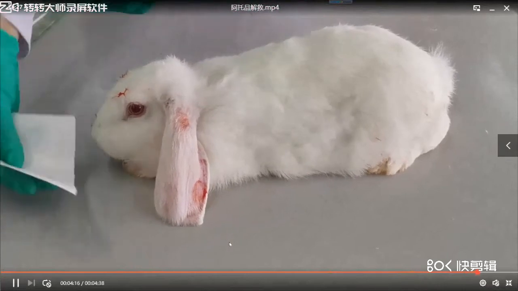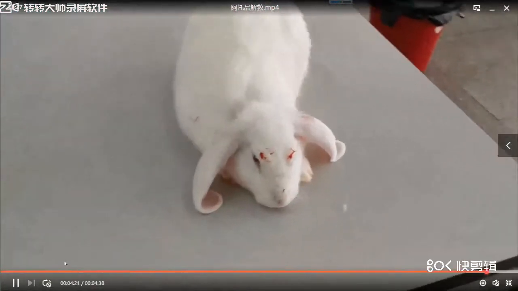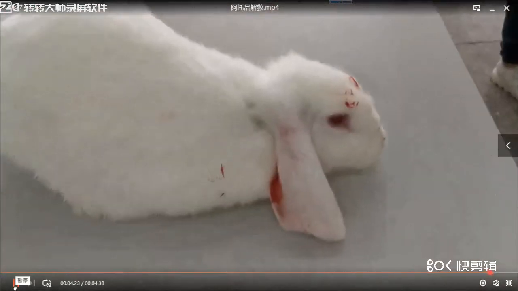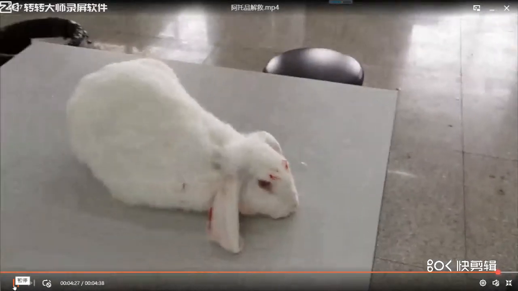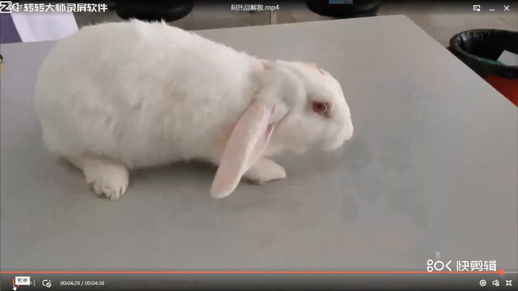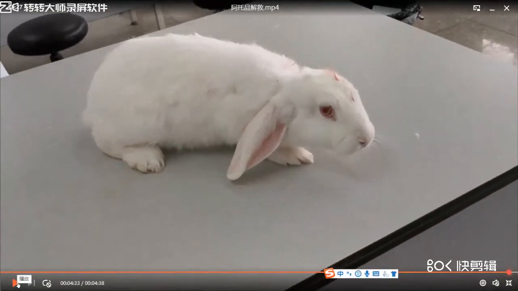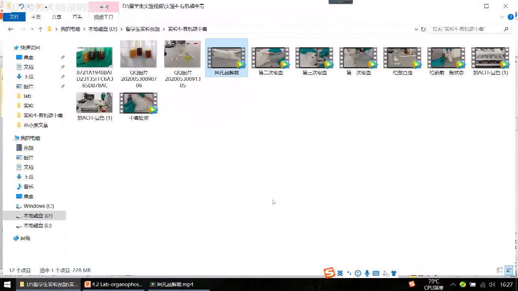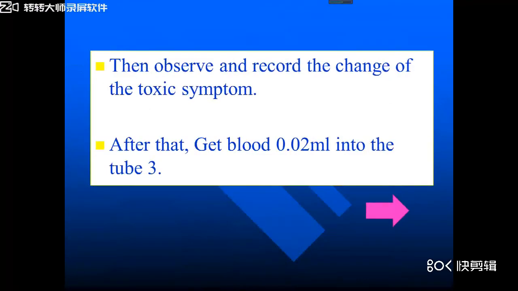Okay, no salivation. Okay, it's alive. And just now we saved our rabbit's life successfully.